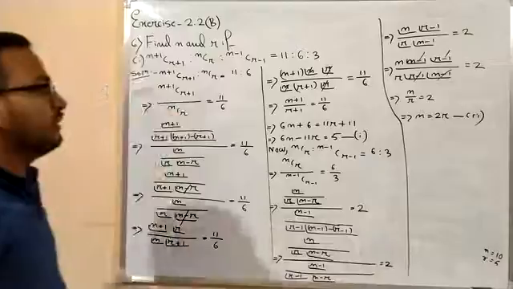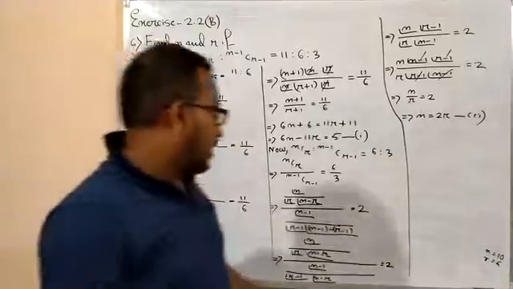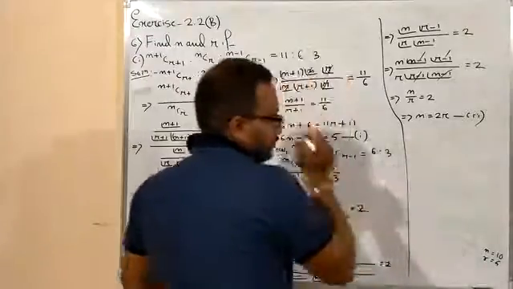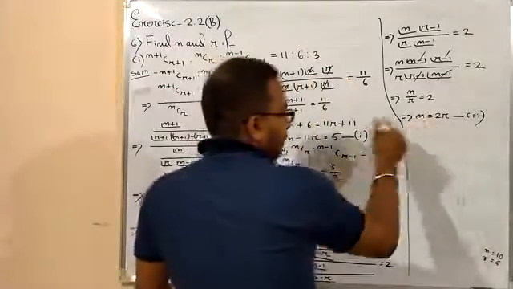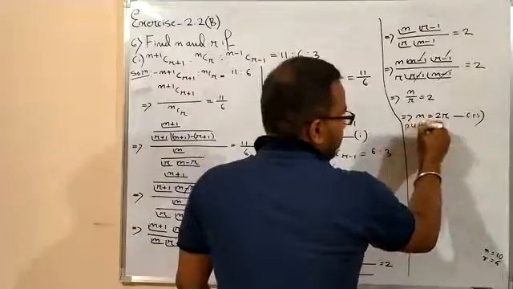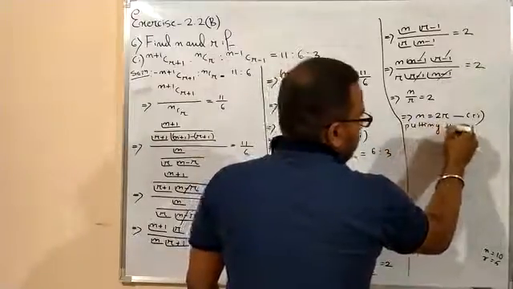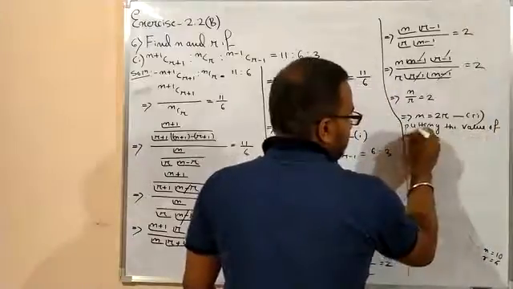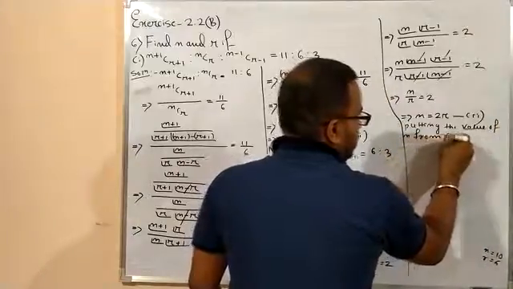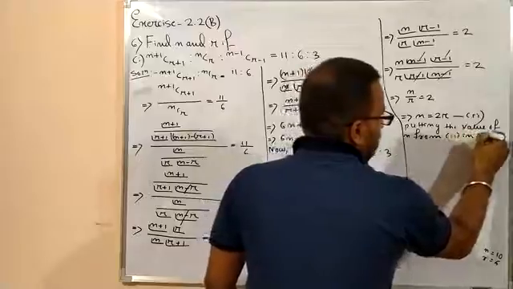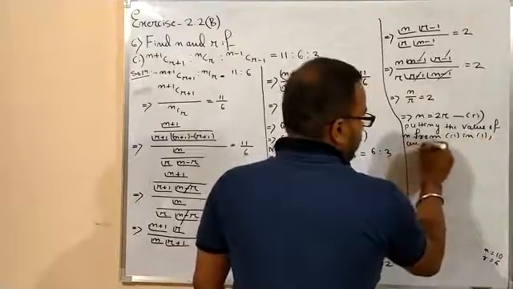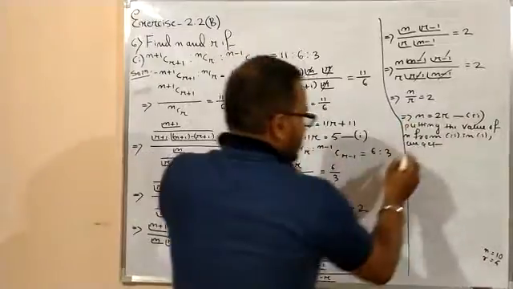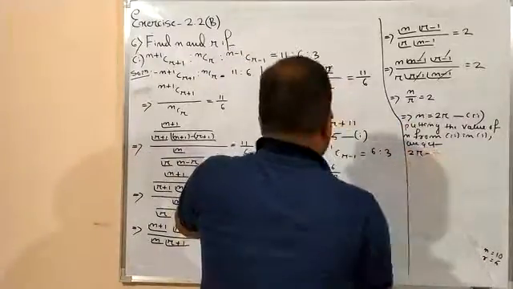Right, n equals to 2r, equation number 2. Now from 1 and 2, putting the value of n from 2 in 1, we get, just put the value n equals to 2r here.